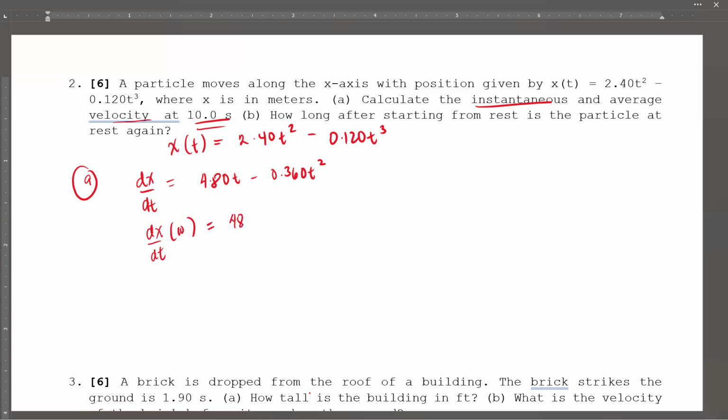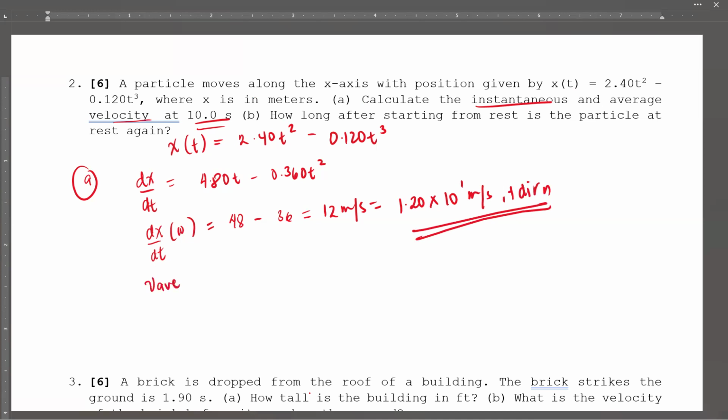So this will give us 48 minus 100 times 0.36 is 36, di ba? So this will simply give us 12 meter per second, or simply 1.20 times 10 raised to 1 meter per second to the positive direction. So this is your instantaneous.